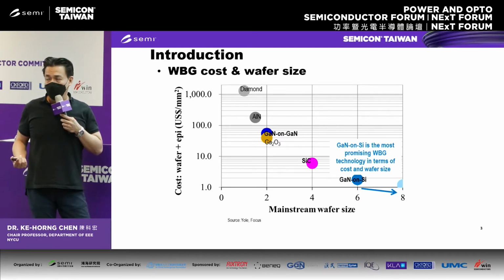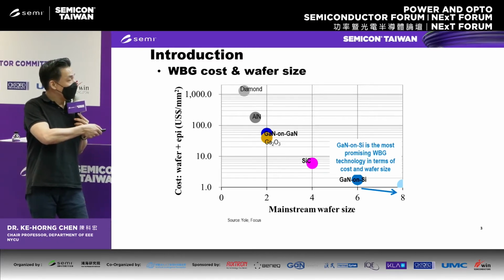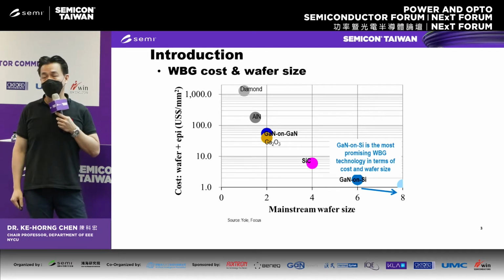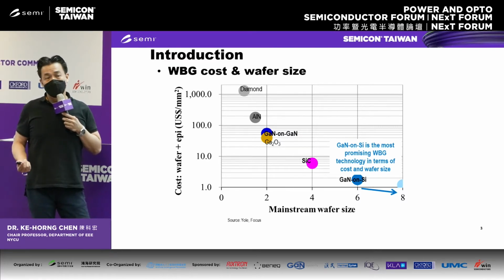However, its cost is still high. So in the near future, you will see the process of GaN on silicon change from 6-inch to 8-inch. It means that we can reduce its price, and the possibility of GaN product will be true for today's market.